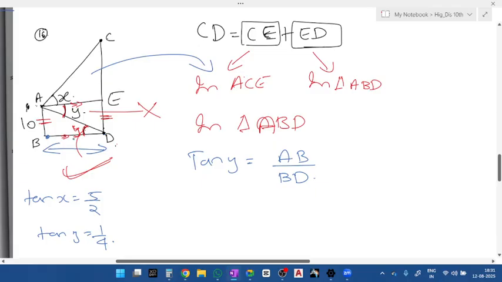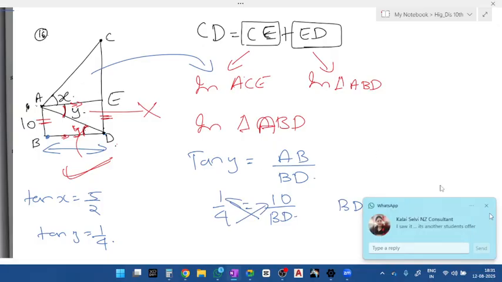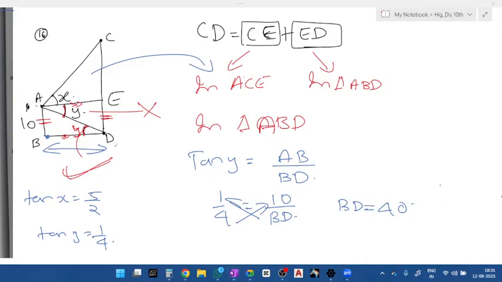Always convert that into elevation. So tan Y is 1 by 4, equal to AB, which is 10, divided by BD. Therefore, BD is equal to 40. If BD is 40, what about AE? 40. Is this clear? All of you understood?